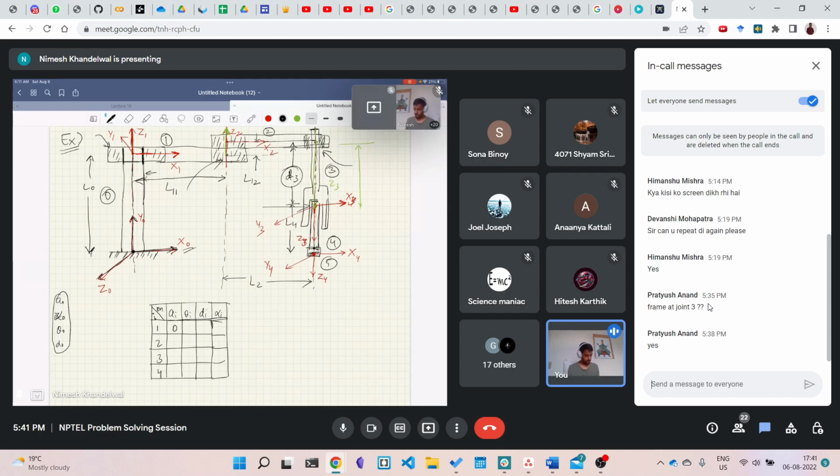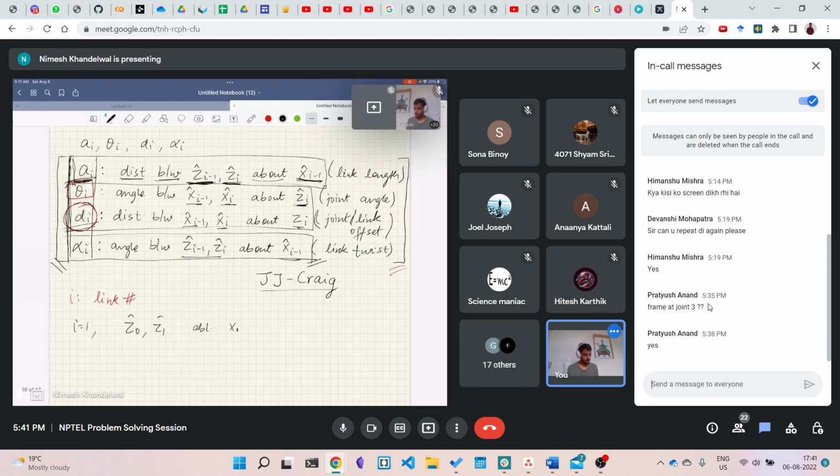Then we have theta. So what is theta 1? Theta 1 is the angle between x0 and x1 about z1.